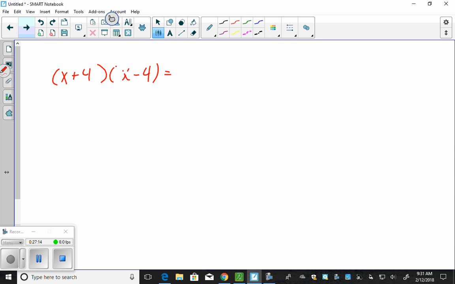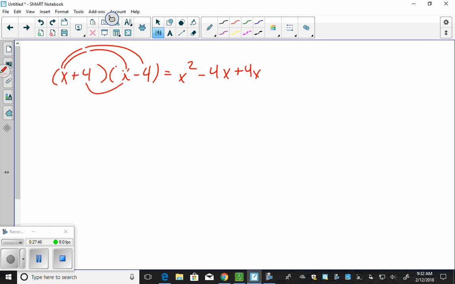You're going to use the FOIL method or the distribution, however you want to call it, it's the same thing. First, it's x times x. What's x times x? X squared. What's x times negative 4? So outside. Inside is 4 times x. So plus 4x.